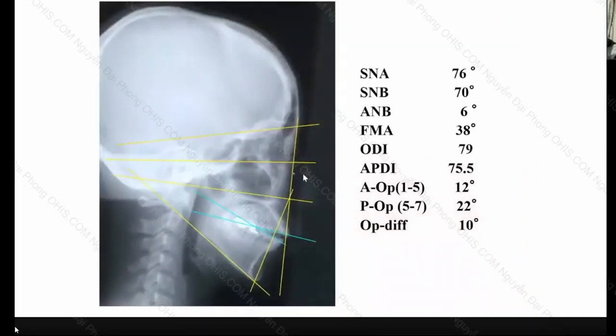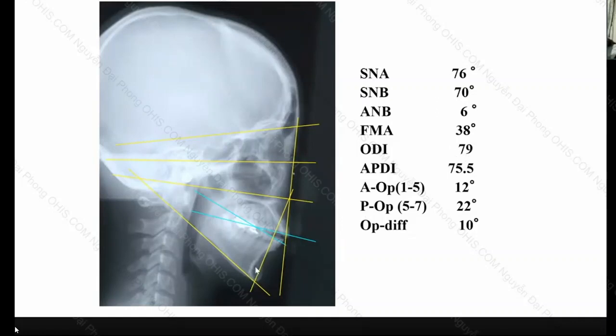And the ODI, I don't know, ODI 79, maybe this is a little mistake. I think this angle should be smaller.